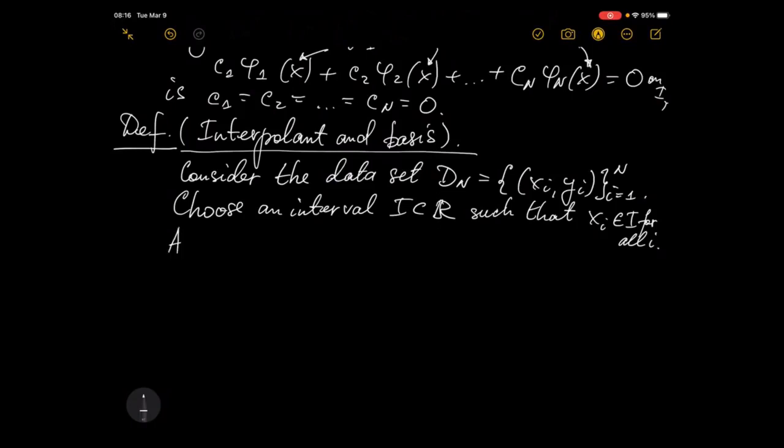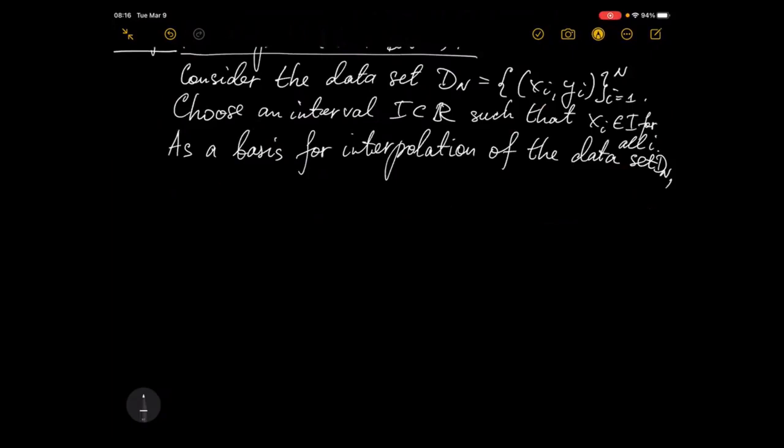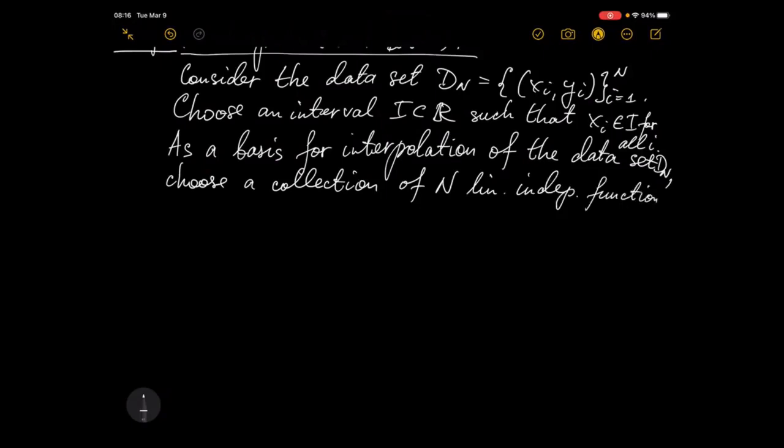As a basis for interpolation of the data set Dn, let us choose a collection of n linearly independent functions. I will call this Bn.